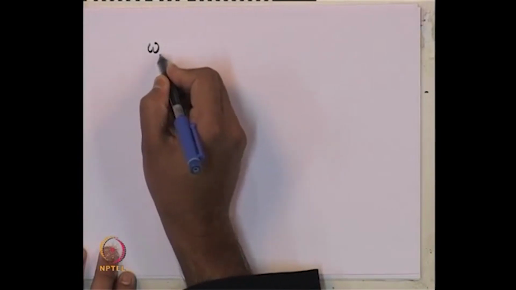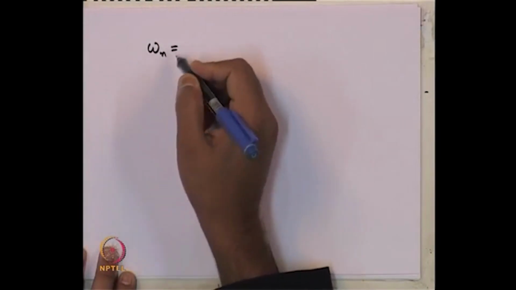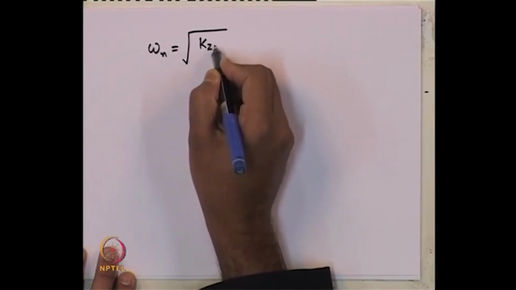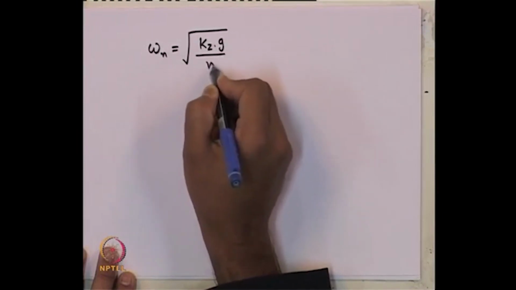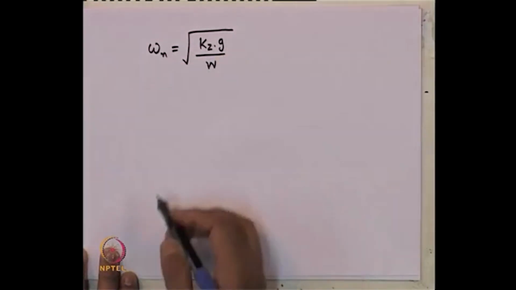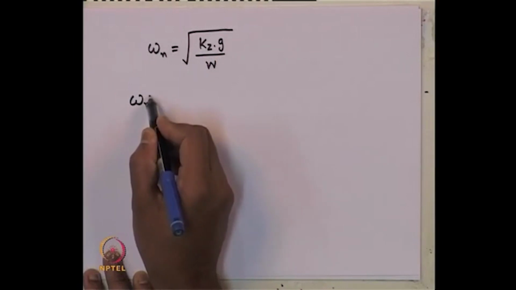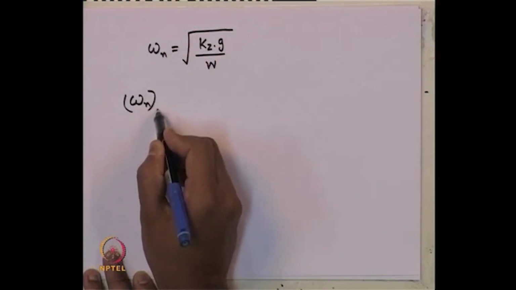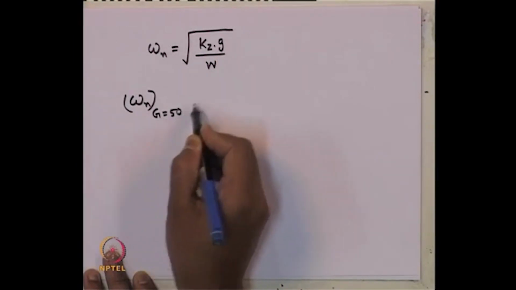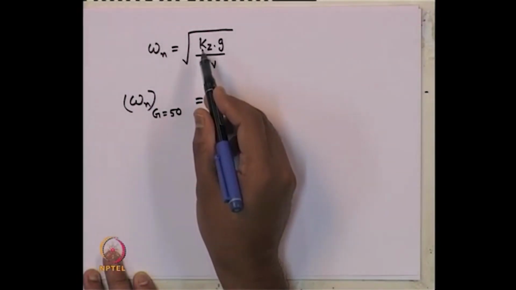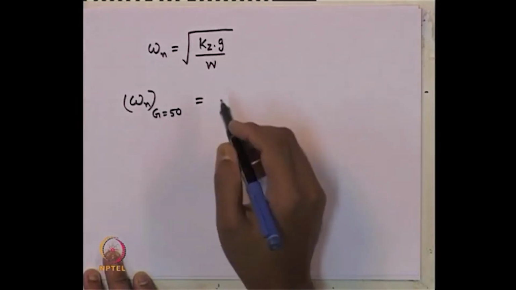So, what is the natural frequency omega n? That is nothing but root over Kz times g by W, Kz by m. So, natural frequency omega n for 3 different types of soil will depend on 3 different values of Kz.